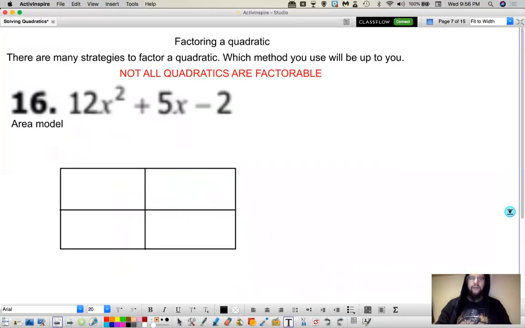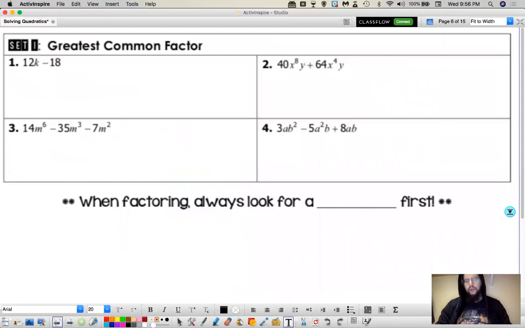Factoring. We're going to solve these quadratics by factoring soon. But first, let's make sure you remember what factoring is. We did some factoring whenever we were completing the square to make a perfect square trinomial, going from standard form to vertex form.